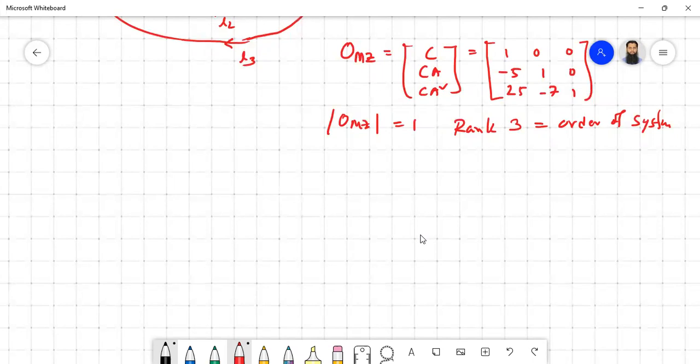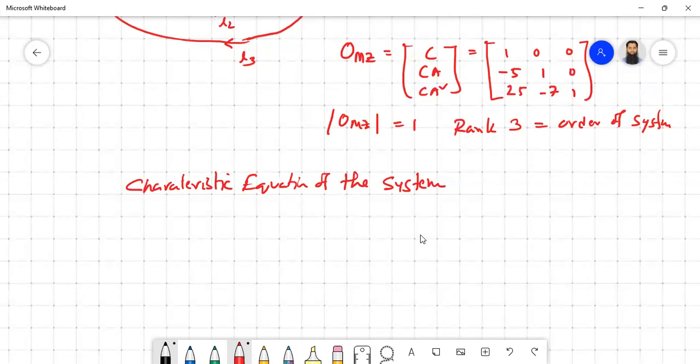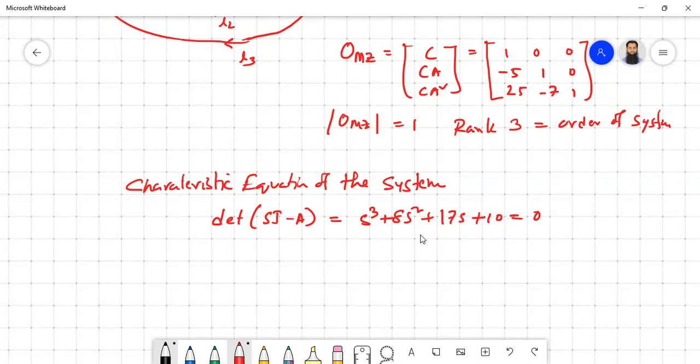Based on the system matrix A, we can easily find the characteristic equation of the system, which is the determinant of sI minus A. In this particular case it gives S cube plus 8S square plus 17S plus 10 equal to 0.